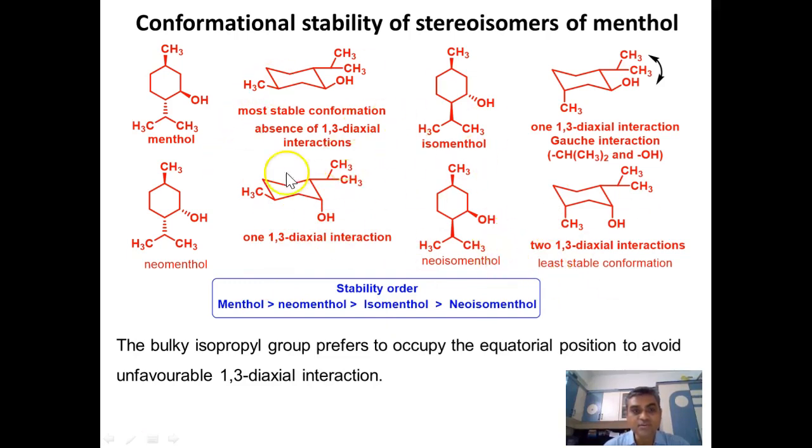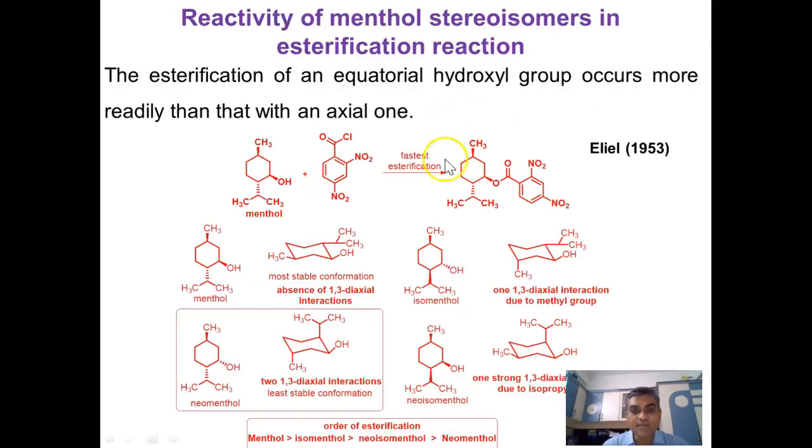The conformations of these various stereoisomers of menthol got some additional evidence from the work of Eliel. Eliel performed simple esterification reactions of all four stereoisomers of menthol, and he found that menthol is the most reactive of all and neomenthol is the least reactive. Now the esterification of the hydroxyl group is taking place.